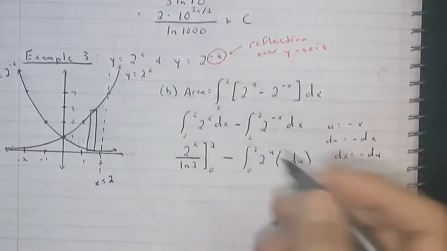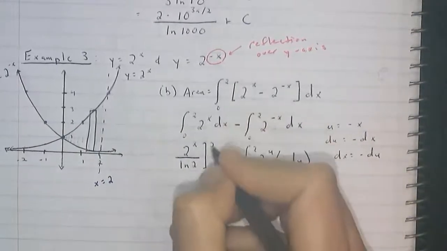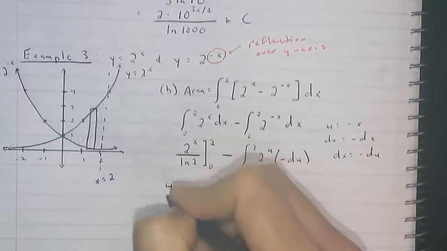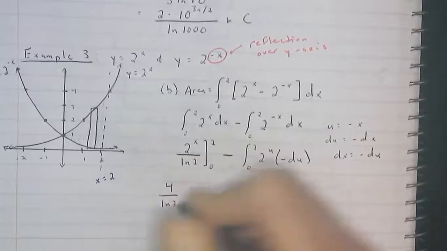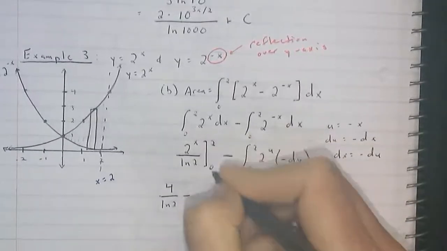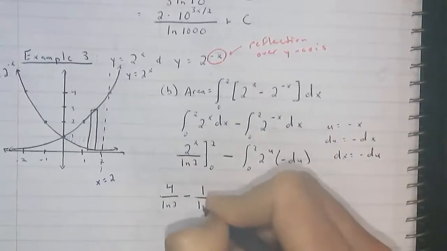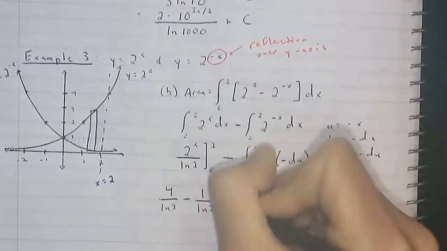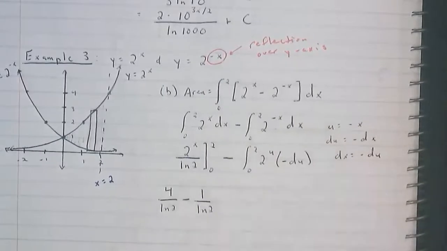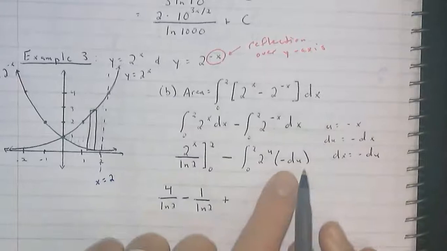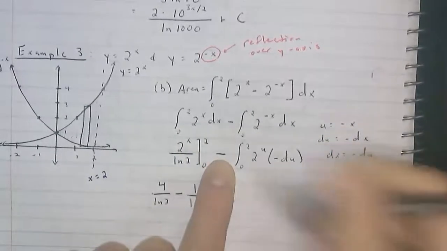So evaluating this guy gives us 2 squared, otherwise known as 4, over the ln of 2, minus 2 to the 0, otherwise known as 1, over the ln of 2. Over here, this turns into a plus, the negative du. You pull out the negative, and this turns into a plus.